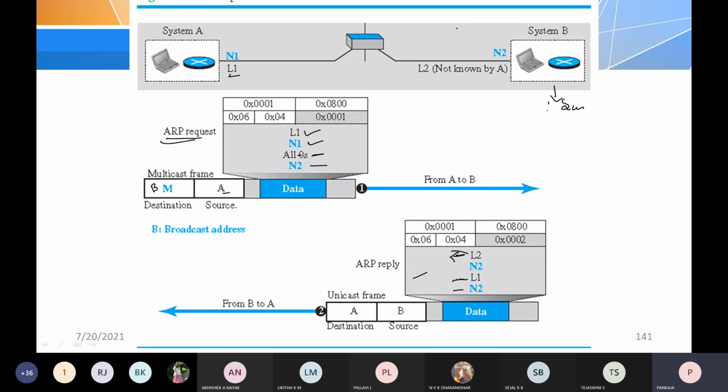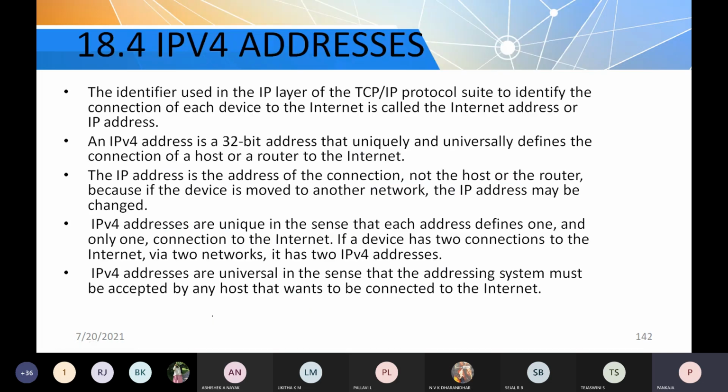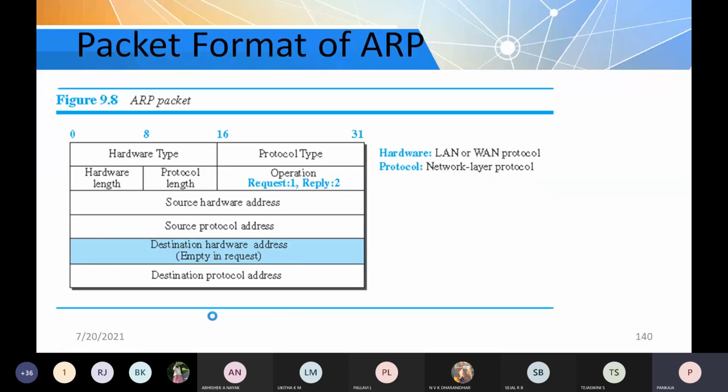It is sending from B to A. So node B is the source and the destination is A. This complete information we call an ARP reply, and it is sent from B to A. Okay, so this is a very simple protocol that is used to map a logical address to a physical address. Okay, that's all about this.